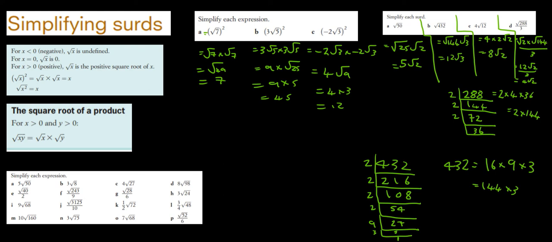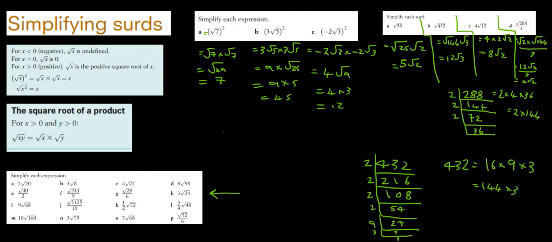Mistakes are a distinctly human occurrence, and even my professors at university, some of the cleverest people I know, made mistakes on the board. Okay, so pause the video and have a go at doing these questions, and I will put the answers up shortly.